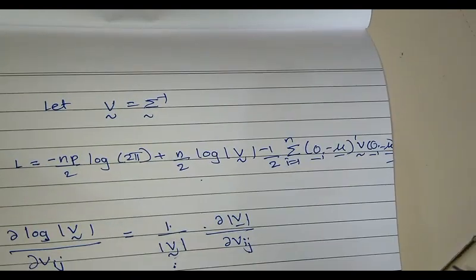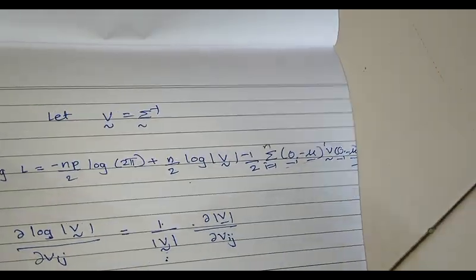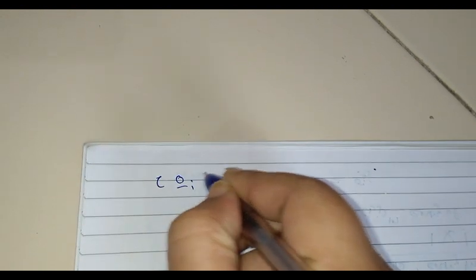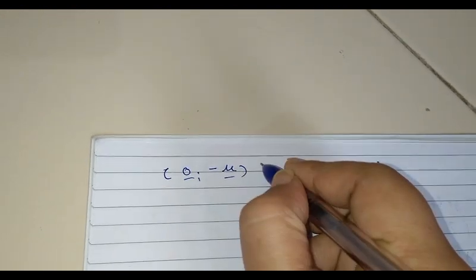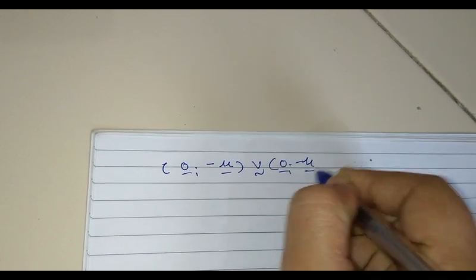Now we have to differentiate with respect to the third term. So in my third term, actually the diagonal contains V. So let me just consider the inside term first. Let me consider y minus mu prime V y minus mu.